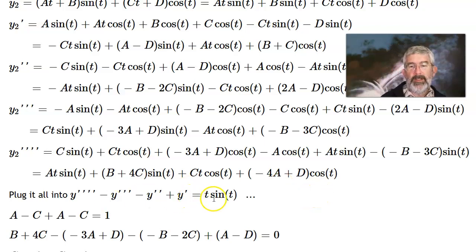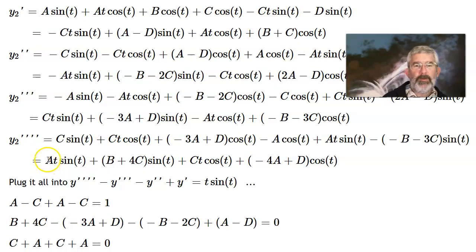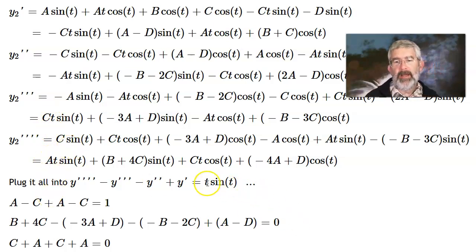So for instance, the t sine t, I see there's an a here, and from here there's a c, but I'm subtracting this third derivative. So I have a minus c, and then I'm subtracting this one, so then it becomes a plus a, and then I'm adding this one, which is minus c. So this first equation, a minus c plus a minus c equals 1, is looking at the coefficients you're getting in front of t sine t and saying, hey, they have to equal 1.